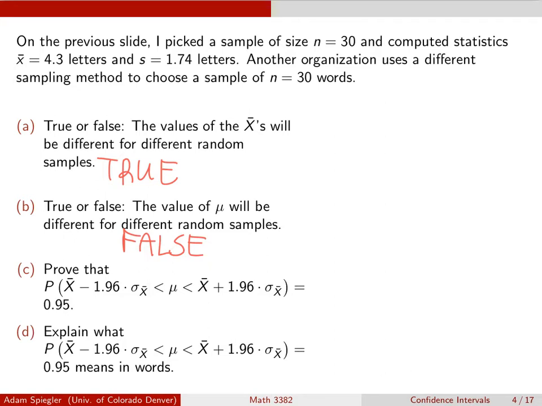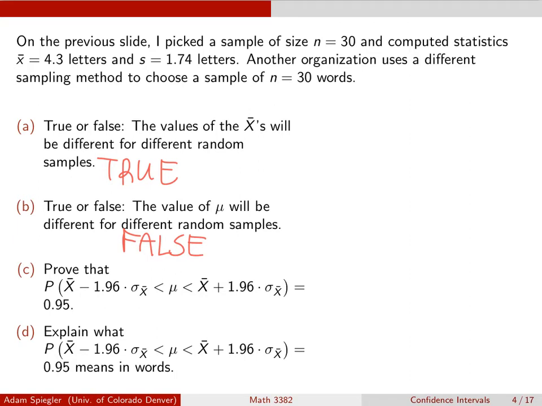In part C, it's asking us to prove that the probability of X bar minus 1.96 standard errors to X bar plus 1.96 standard errors, that the probability that mu falls between those two values is 0.95.